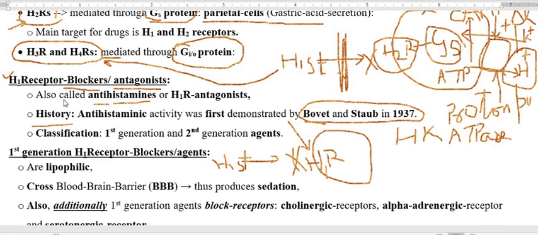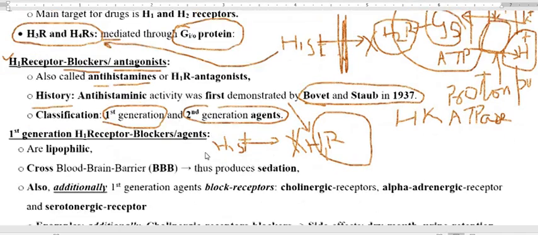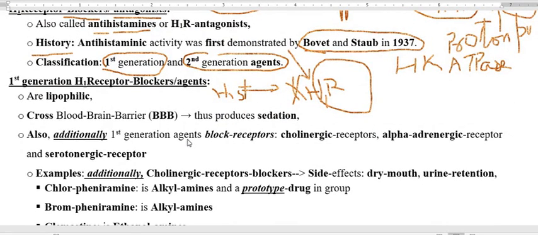H1 receptor blockers get classified into two types: the first generation and the second generation. Now we will go through the first generation H1 receptor blockers.